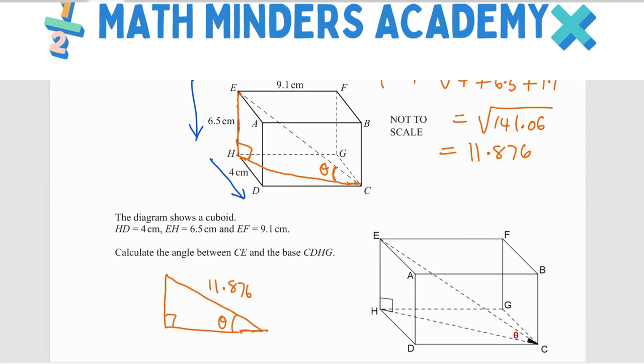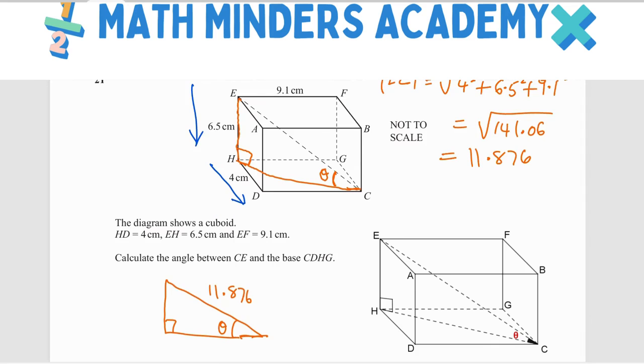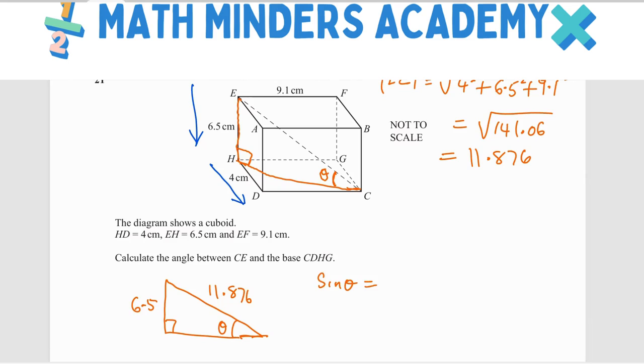And we have this as 6.5. So we can use sine to get that unknown angle. If we say sine theta, it will give us opposite, which is 6.5, over the hypotenuse, 11.876.